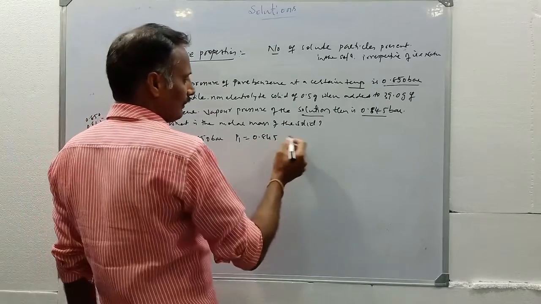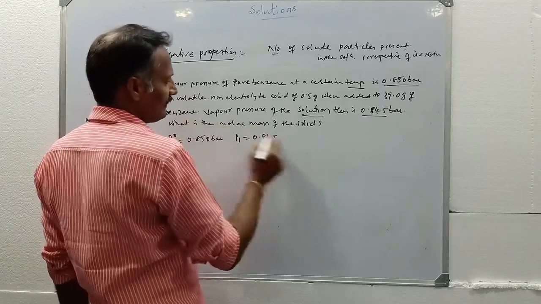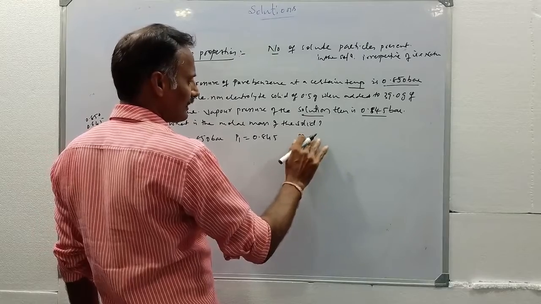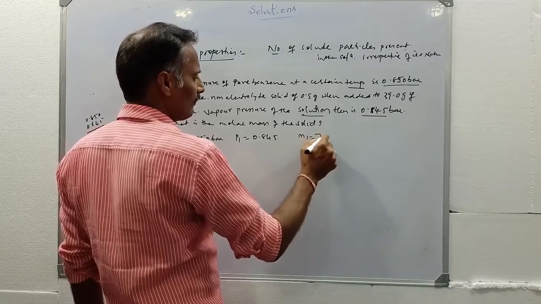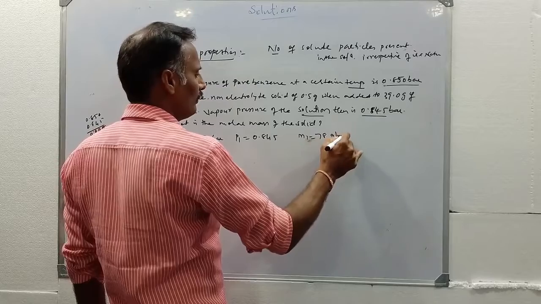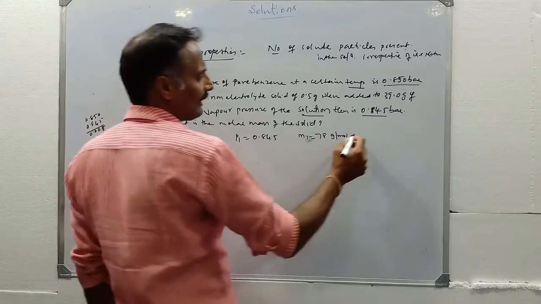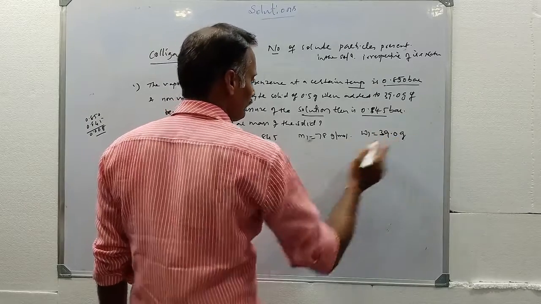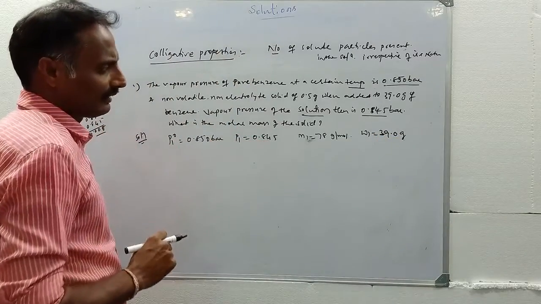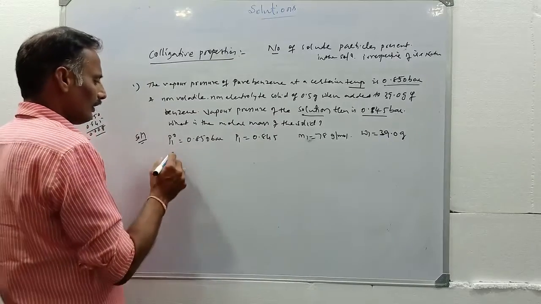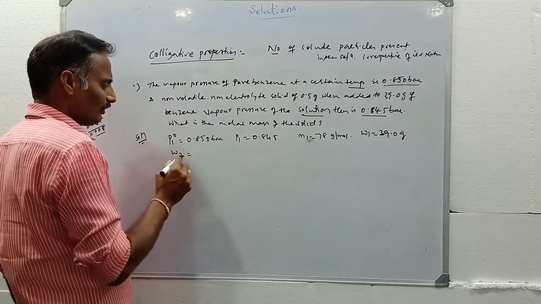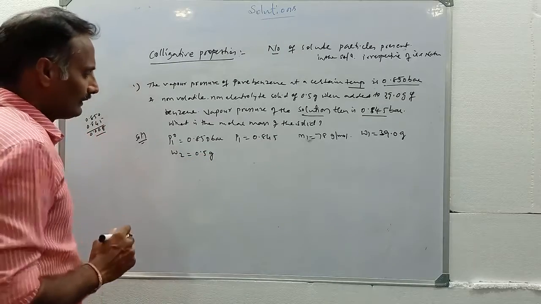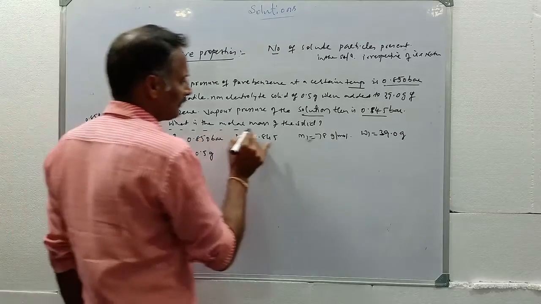Benzene is the solvent here, with M1 equal to 78 gram per mole, and the weight of benzene W1 is 39 grams. Also the weight of solute is given, 0.5 gram.